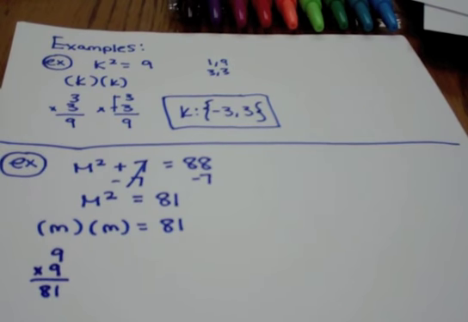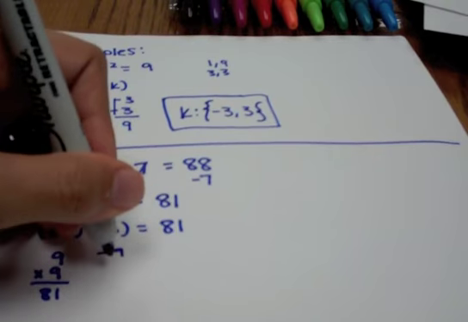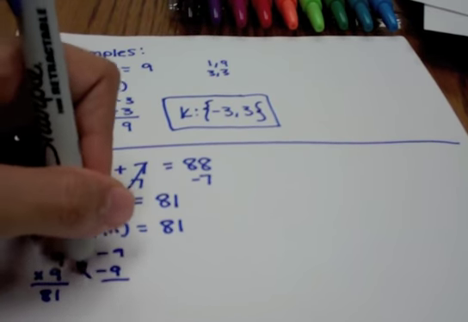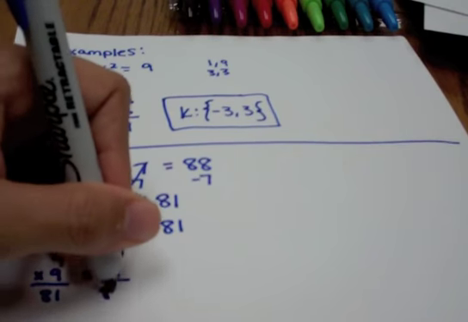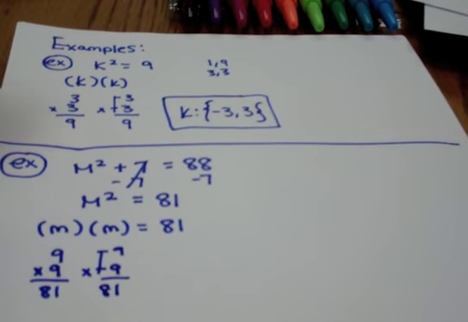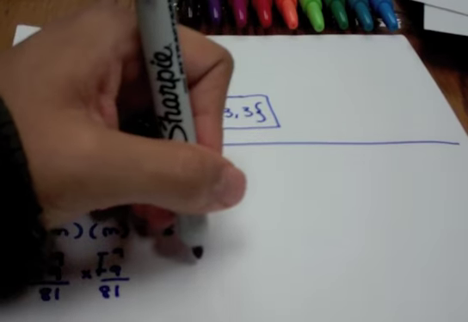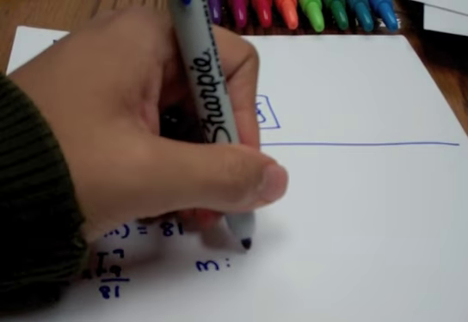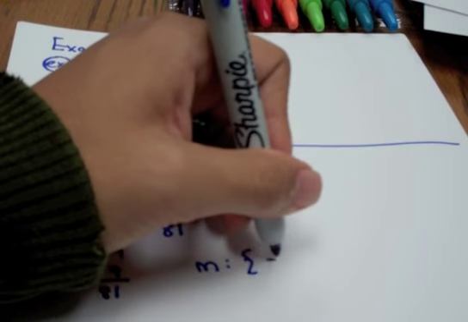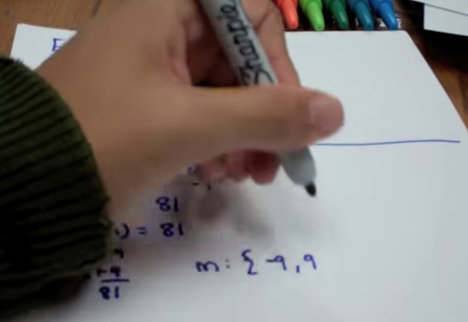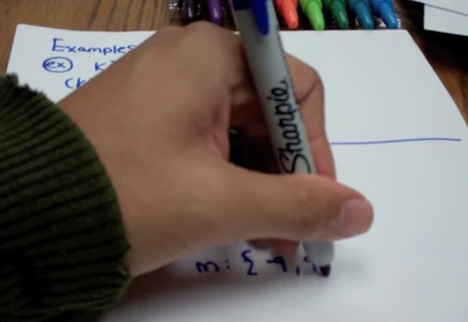But I have to remember that two positive numbers multiplied together make a positive, but also two negative numbers multiplied together give me a positive number. So negative 9 times a negative 9 also gives me 81. So here m is going to be negative 9 or positive 9.